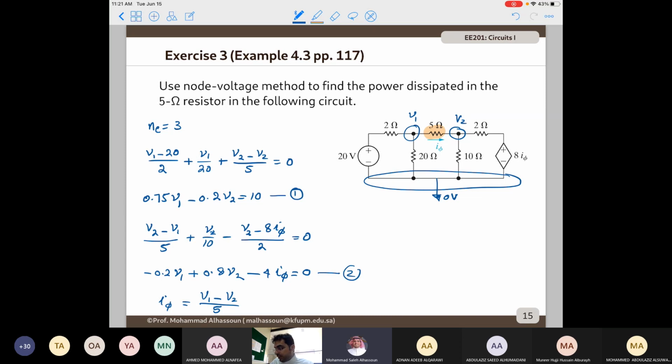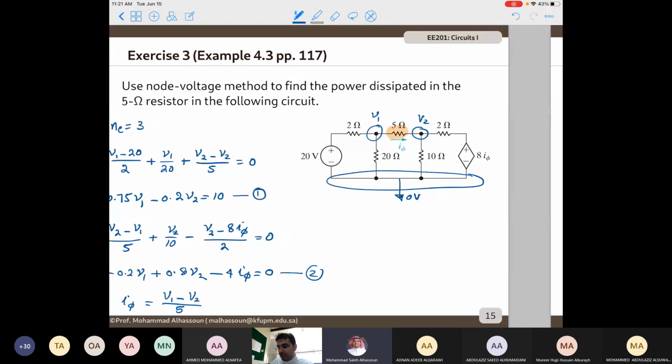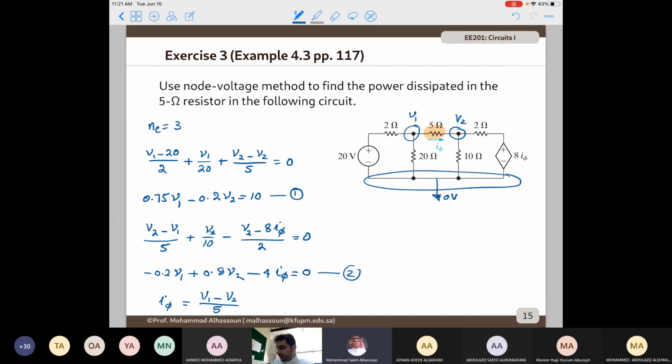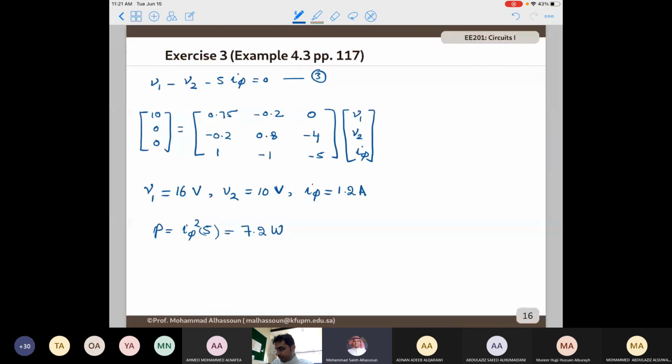But since we have a dependent source, we added an extra equation that accounts for the fact that this dependent source depends on a current that flows from node 1 to node 2.